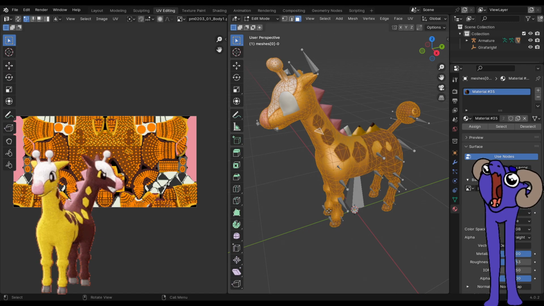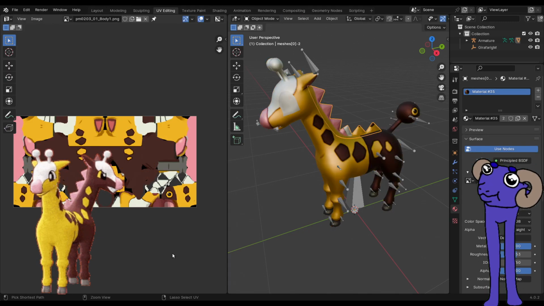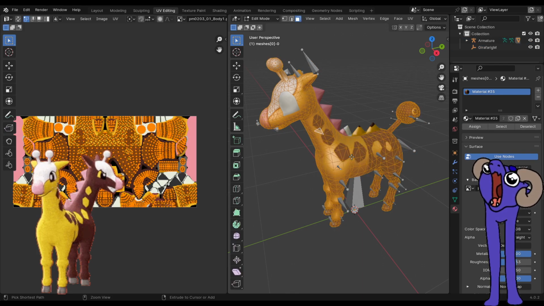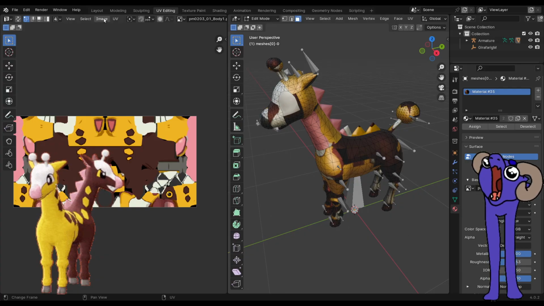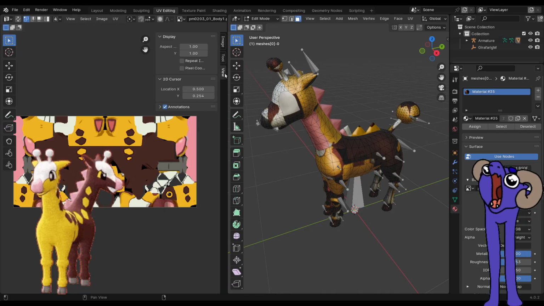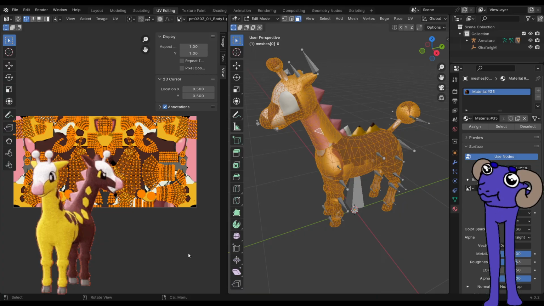I just realized what it was. Okay, let's undo a little bit. So this texture's now backwards. What I should have done is shove the 3D cursor exactly in the center of the image.